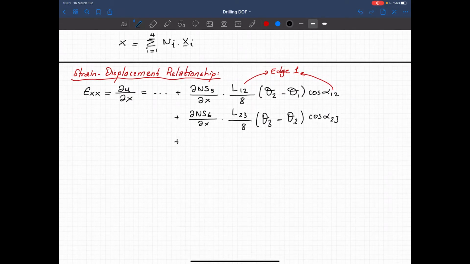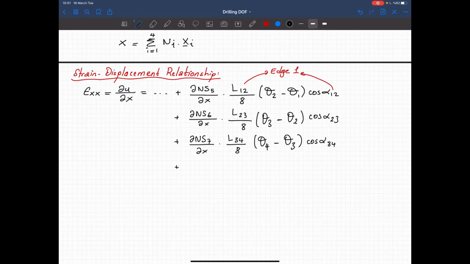Now the third edge: del NS7 over del x multiplied by L34 divided by 8, theta 4 minus theta 3 multiplied by cosine alpha 34.